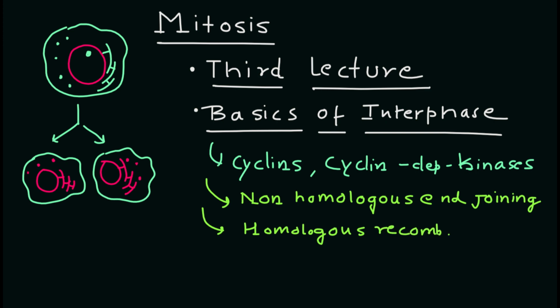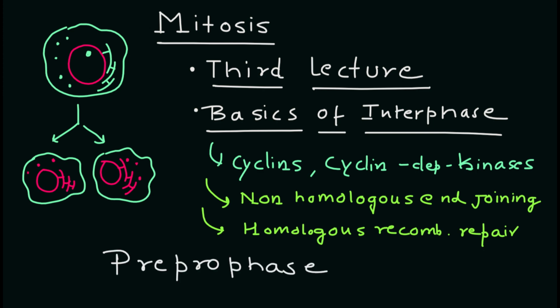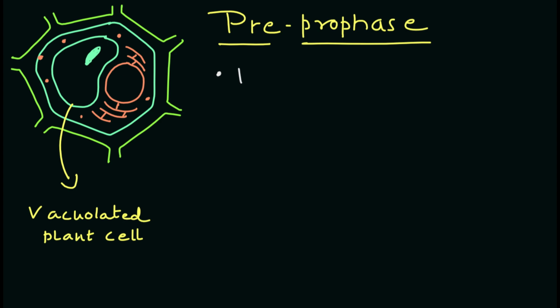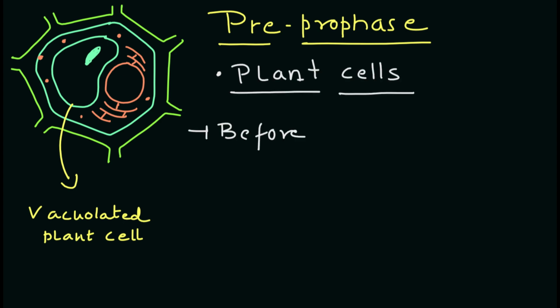In this video, we will discuss the preprophase, which is specific to plant cells. Let's start the video. Only in plant cells, there is a stage that comes before prophase called preprophase.